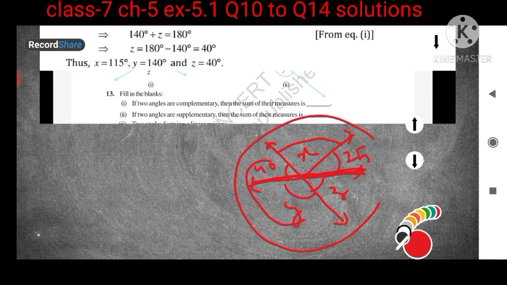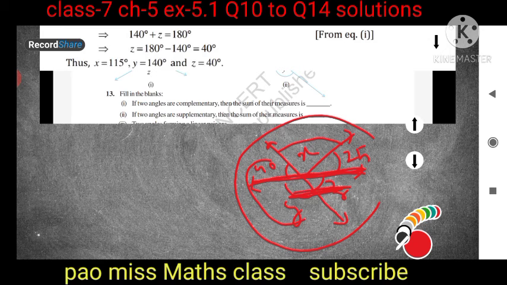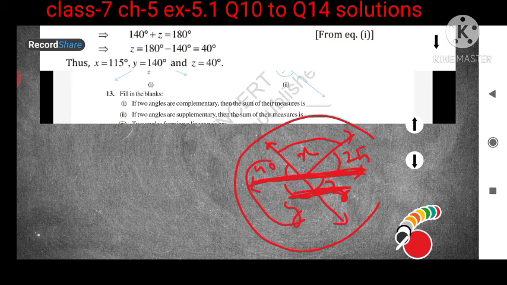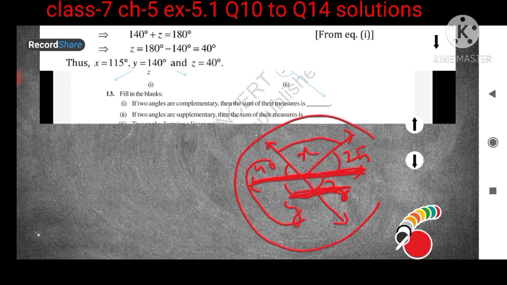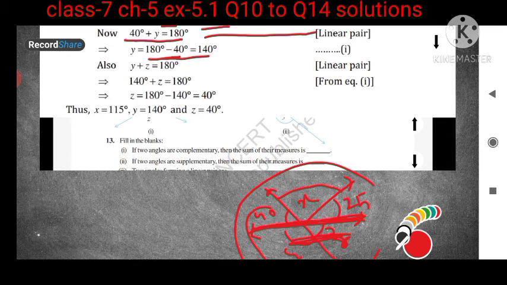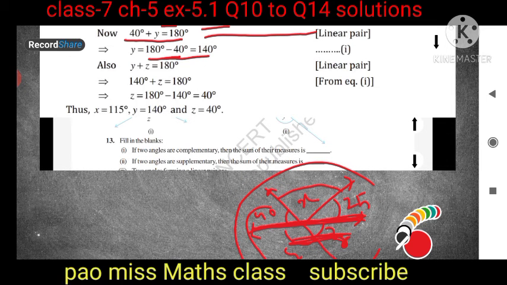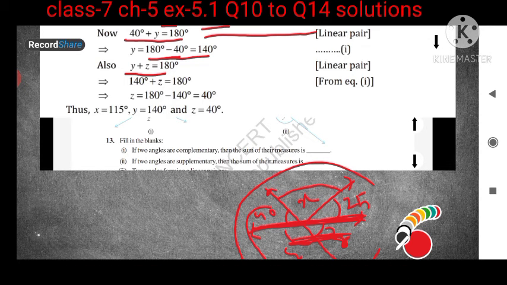Now again come to our figure. Now these two are again linear pair, isn't it? Y and z is again linear pair, because this is forming a straight line, 180 degrees. So y value how much we got? 140 degrees, isn't it? So y plus z, what you will write? Y plus z is equal to 180 degrees. So y value is 140, isn't it?